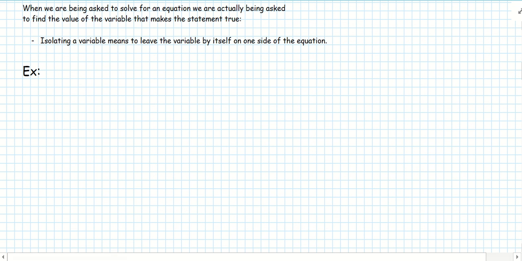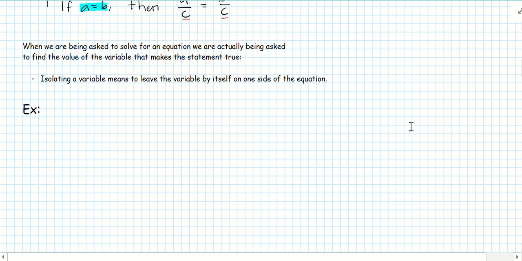Now, we're working with equations. And what do they usually ask us on the exercises that we're going to be looking at? When we are asked to solve an equation, we're actually being asked to find the value of the variable that makes the statement true.